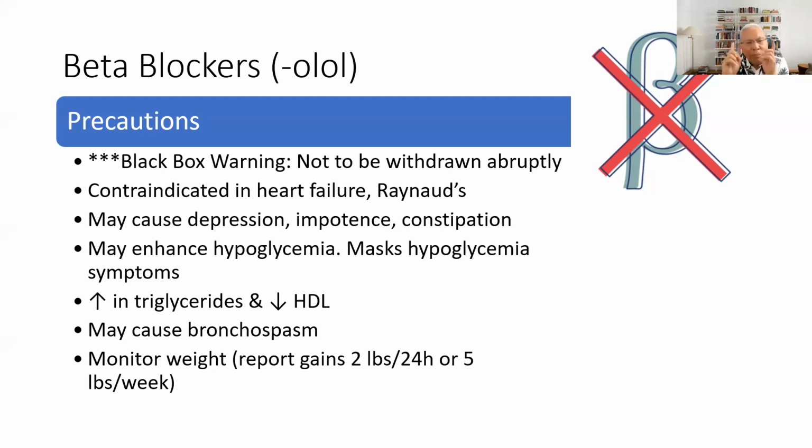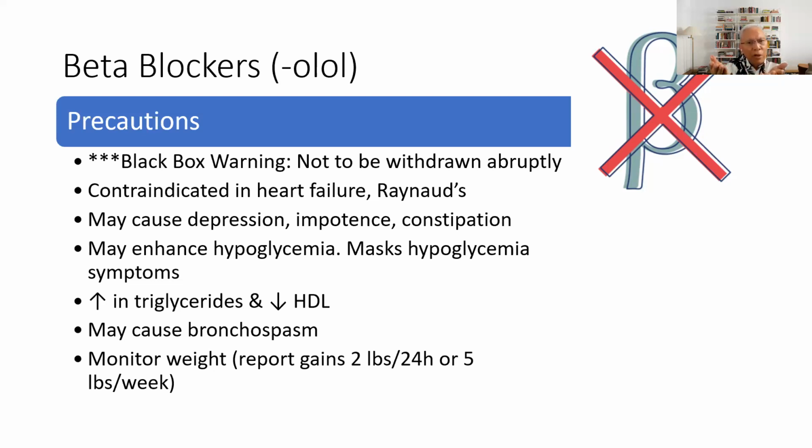So anytime there's a black box warning, always remember that, because that is the most important thing that you need to know about that drug. Okay, so the other precautions are that it is contraindicated in heart failure. Why is that? Because you remember, it causes a decrease in the force of cardiac contraction.